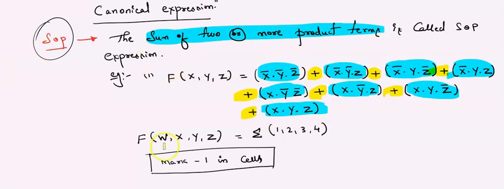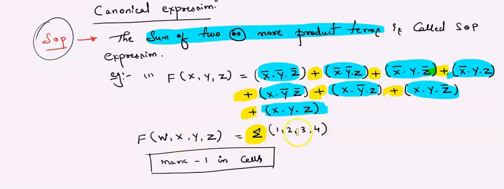In your question they will mention it in this form. They may give you 3 variables, 2 variables or 4 variables, but most likely they will ask you a question with 3 or maximum 4 variables. The question will be given in this form: f of wxyz, the function of wxyz variables, is the sum. Can you see this symbol? This is called sigma, that is addition, the sum of 1, 2, 3, 4.